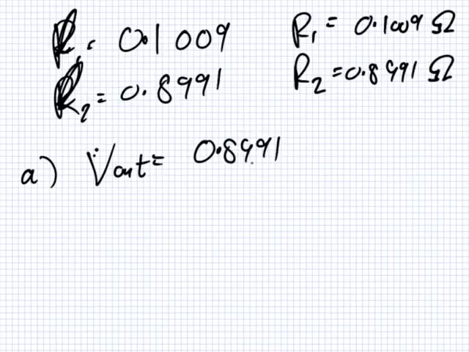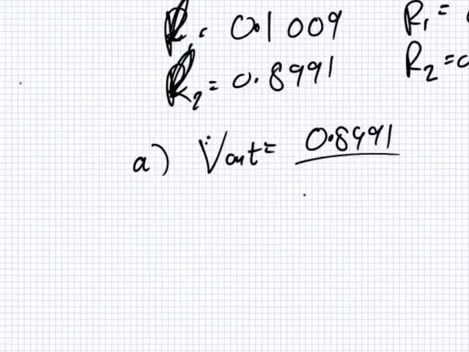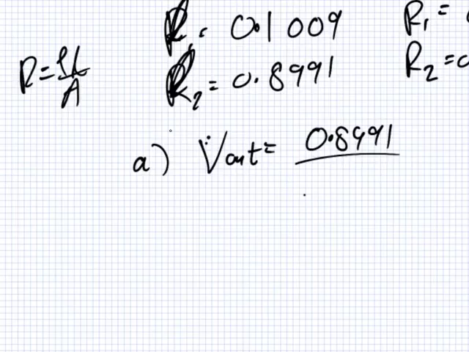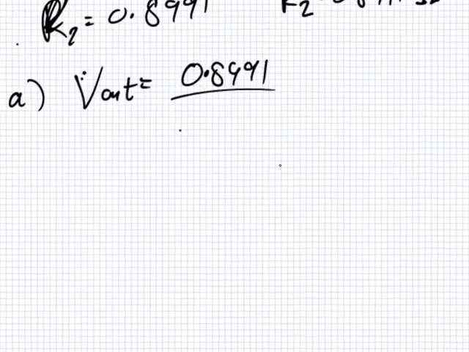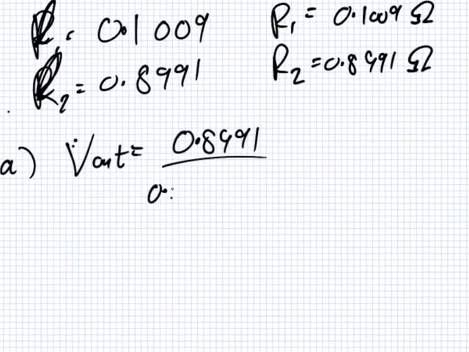You have to use this formula, R equals rho L over A. It's the same wire, it's only the L that's different. So we have 0.1009. Well, I suppose this should still be 1.